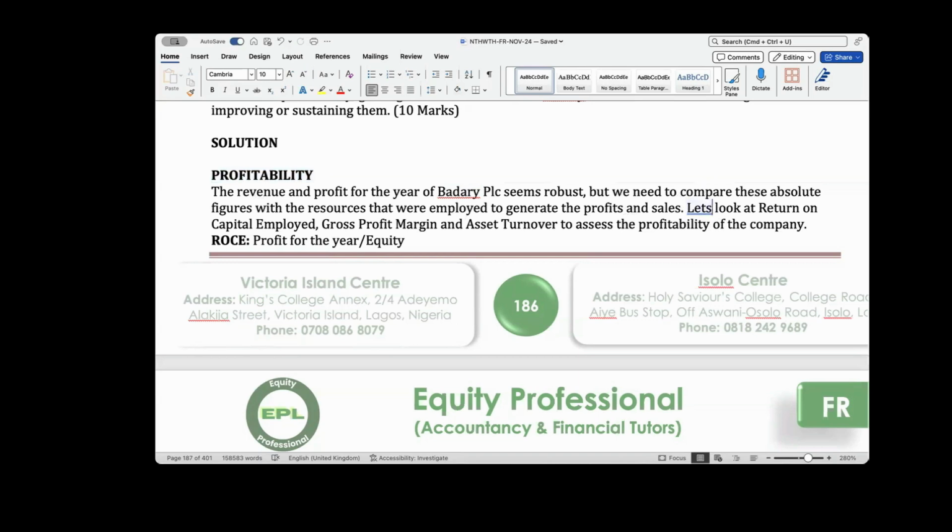And I told them that let's look at return on capital employed, gross profit margin, and asset turnover to assess the profitability of the company.